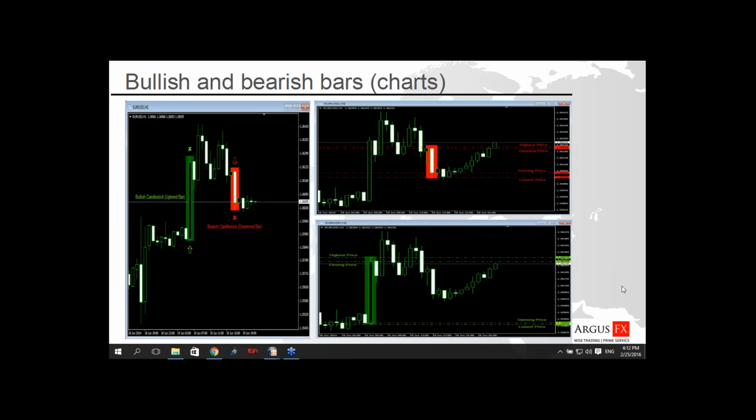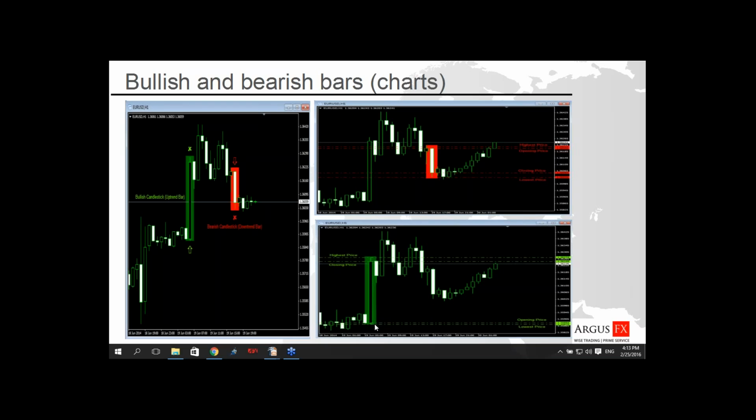Furthermore, we have the alternative case of a bullish bar. As you can see, this bullish bar opened low at this price level and closed high at this price level. Throughout this 1 hour movement, this candlestick bar faced its highest price at this level and its lowest price at this level.